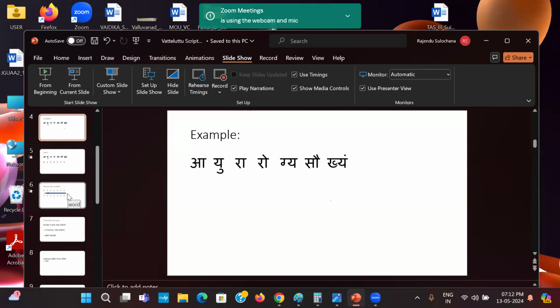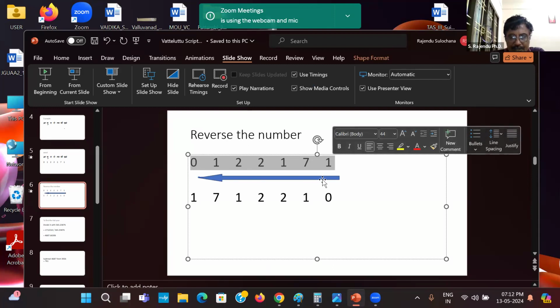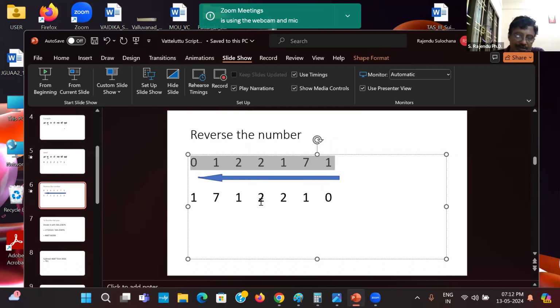Therefore, after getting the value, this one is the actual result. The first step, you want to reverse it, otherwise it's a mistake. Whenever we are doing all this, we have to reverse the number, isn't it? Yes.